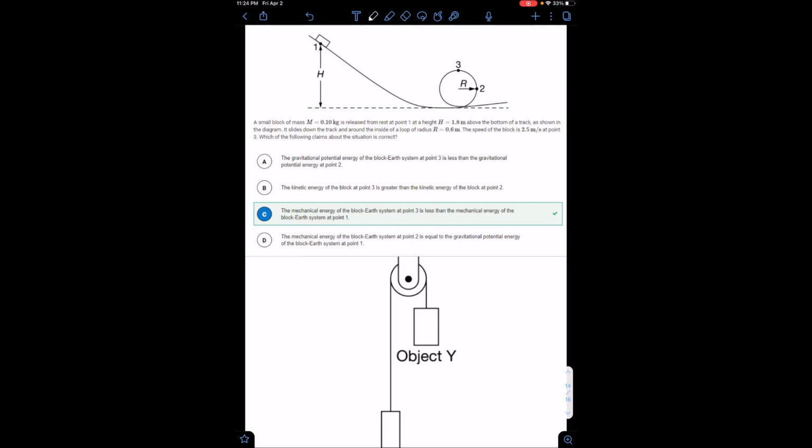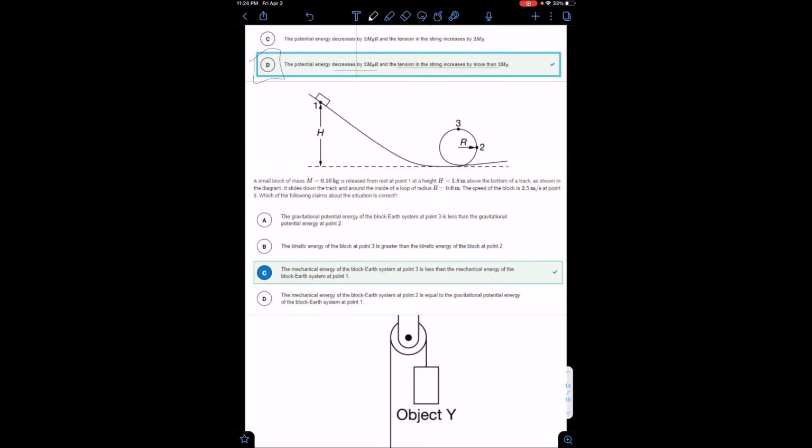So the gravitational potential energy of the block-Earth system at point 3 is less than the gravitational potential energy at point 2. Well, we can't really compare point 3 and point 2.